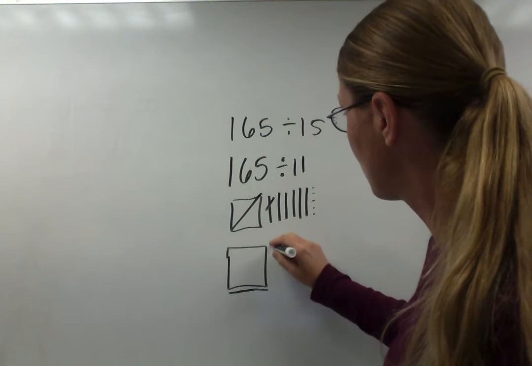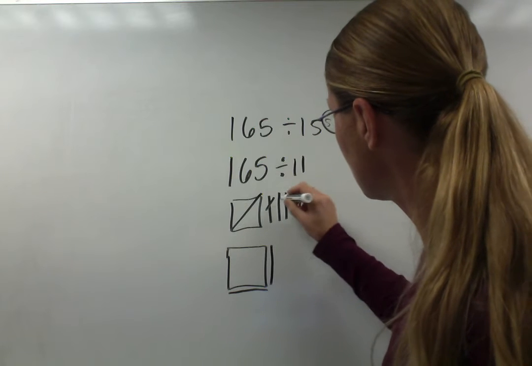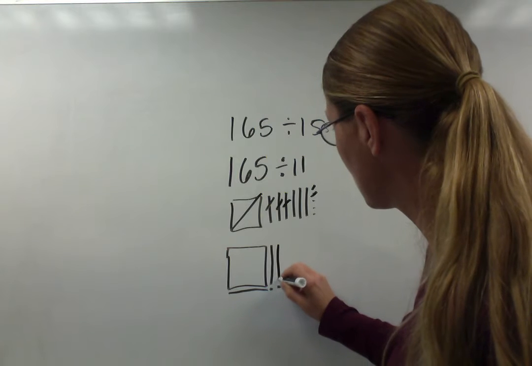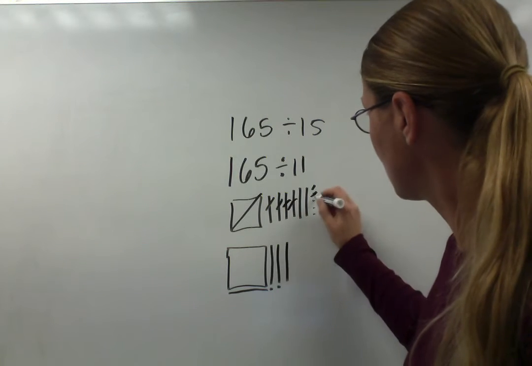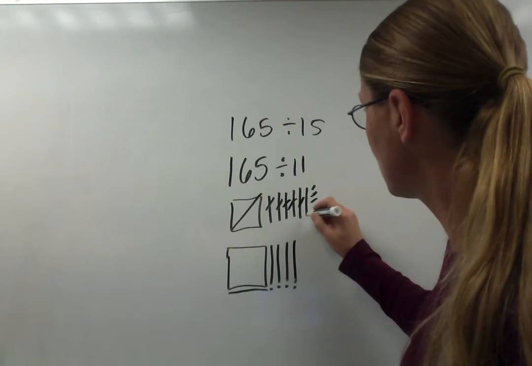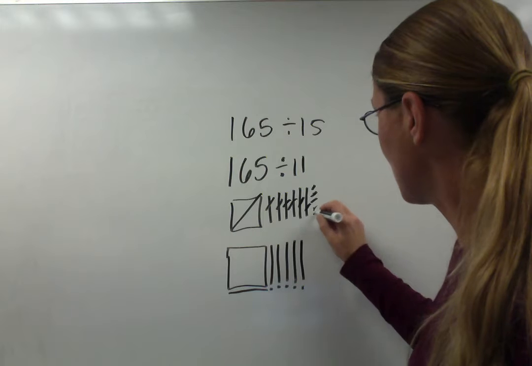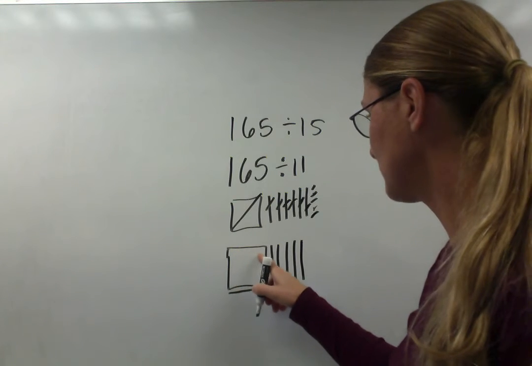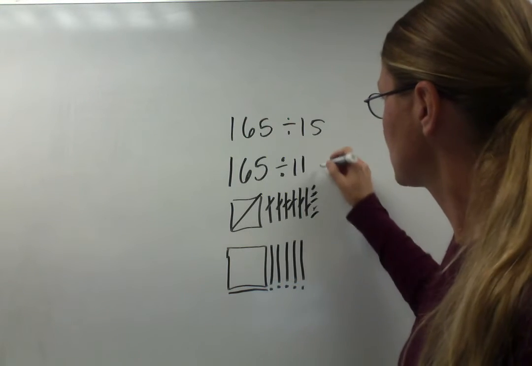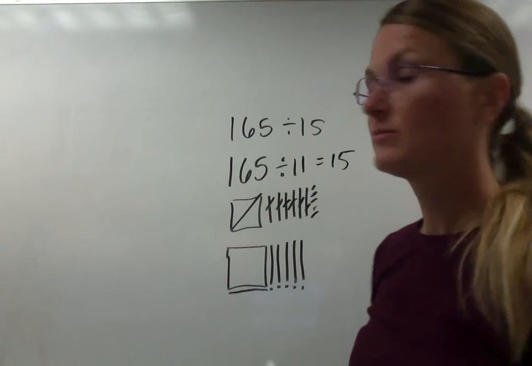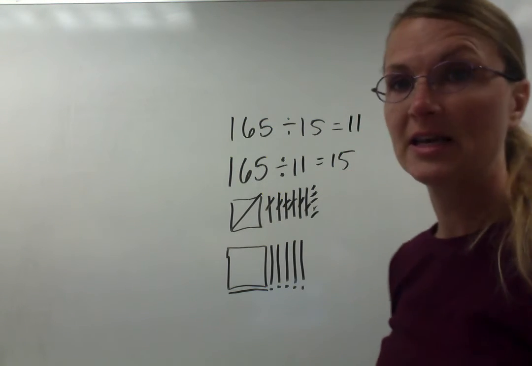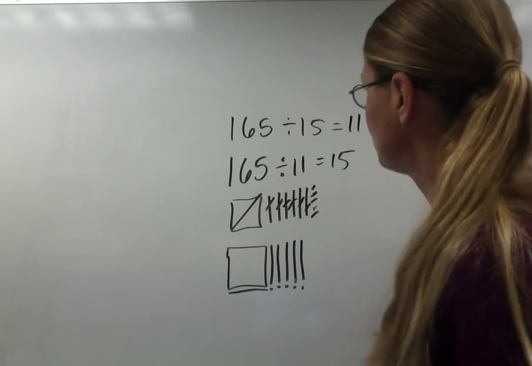And then I'm going to use one of these, make another row of 11, this and one of those and make another row of 11, this and one of those and make another row of 11, and the last one makes another row of 11. So I have 10 rows of 11 here, 11, 12, 13, 14, 15. So it's going to equal 15 this time around, which should make sense because if this one equals 11 and we switch what we're dividing by, that equals 15. Okay?